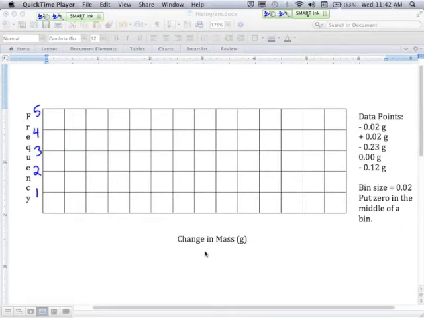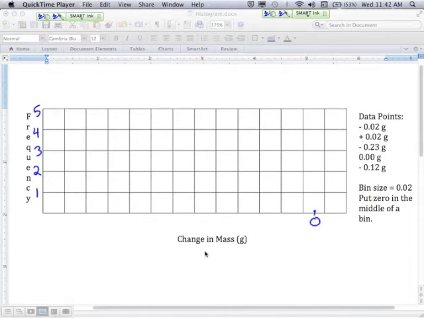Now for period 1, we chose a bin size of 0.02 grams, and we put 0 in the middle of a bin. So if I put 0 in the middle of a bin, I'm not going to be labeling the middles of the bins.